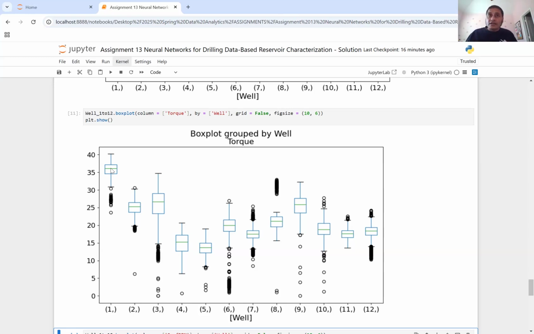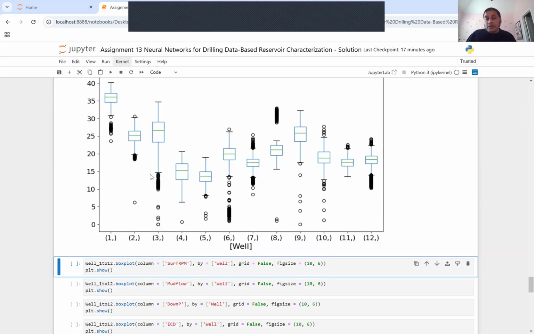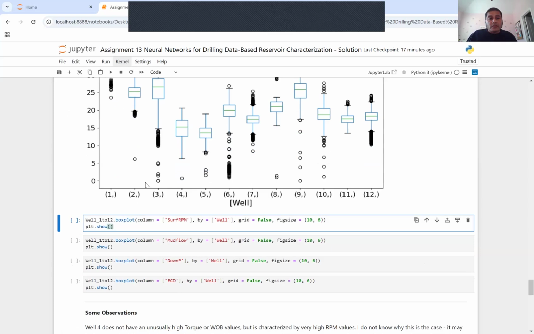And those high torque values are not informative about the lithology, or rather they're not informative about what the bit is doing while it's drilling the rock. The torque that we're observing is because of poor wellbore cleanup. Anyway, that's well one. Let's look at the RPM as well.